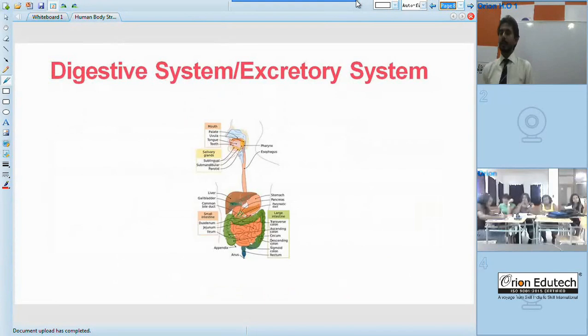The next system, the second system, is the digestive system and excretory system.